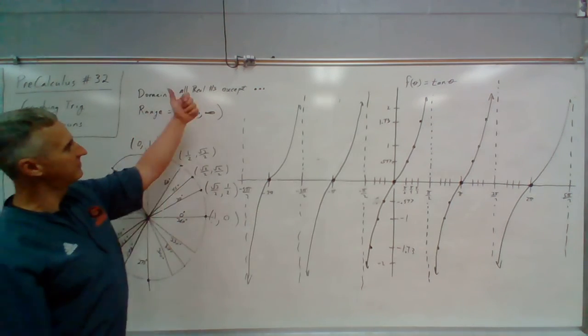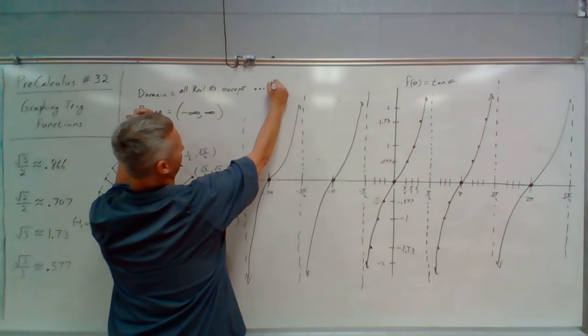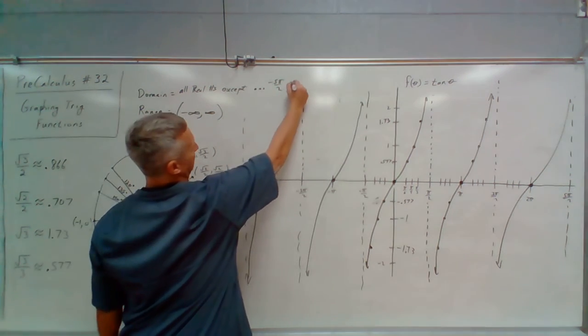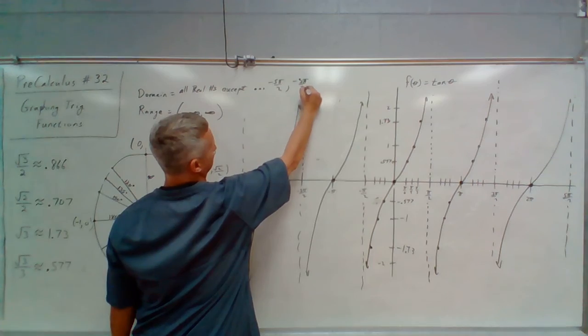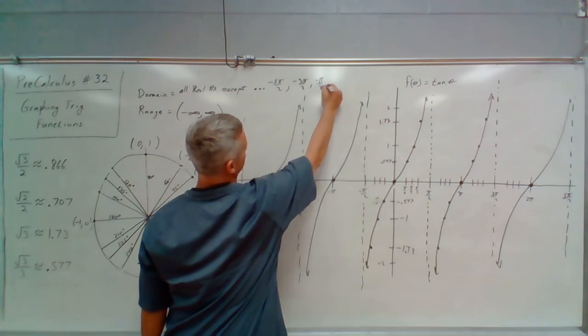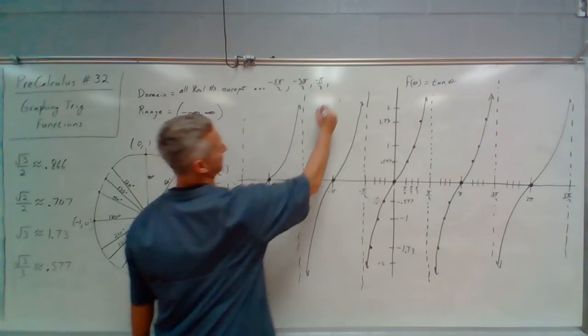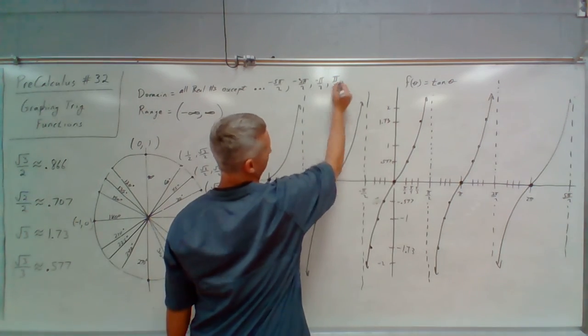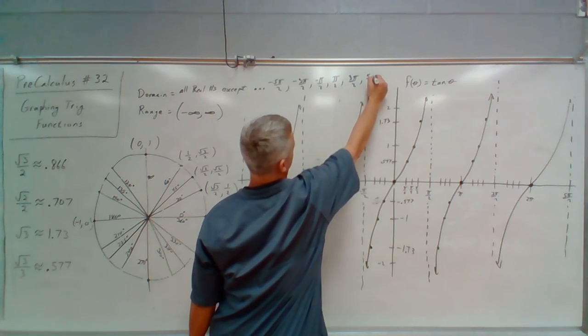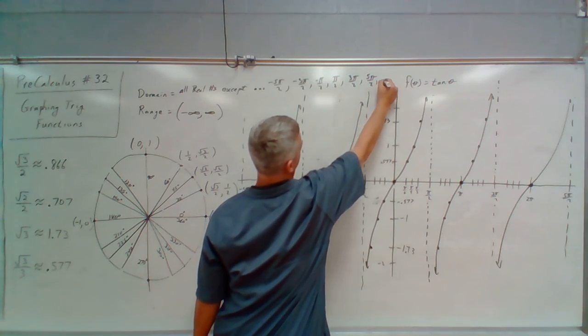So forever in this way, we're going to have negative 5 pi over 2, undefined. Negative 3 pi over 2, undefined. Negative pi over 2, it's undefined. Pi over 2, undefined. 3 pi over 2, undefined. 5 pi over 2, undefined.